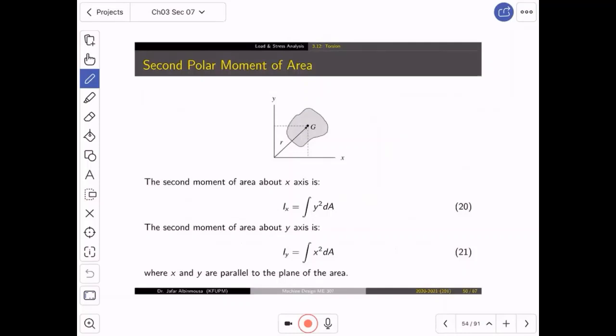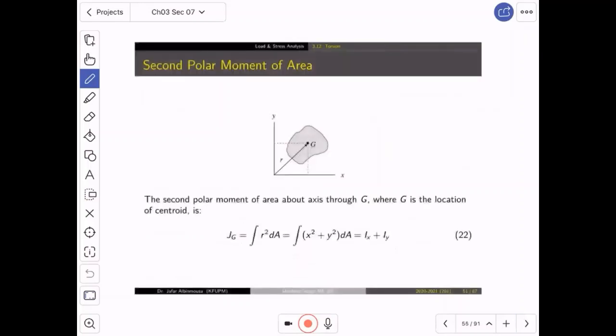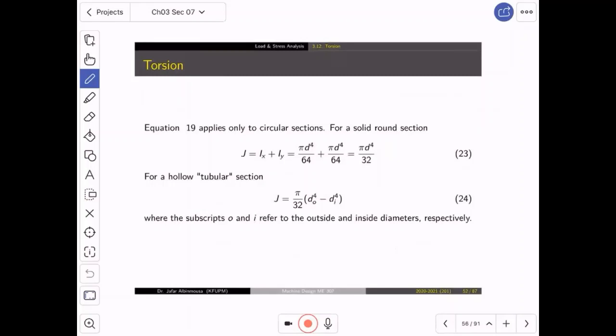What is the second polar moment of area? In simple terms, J is related to I. For example, I for a hollow cross-section with outer diameter d0 and inner diameter di is equal to pi over 64 times d0 to the power 4 minus di to the power 4.